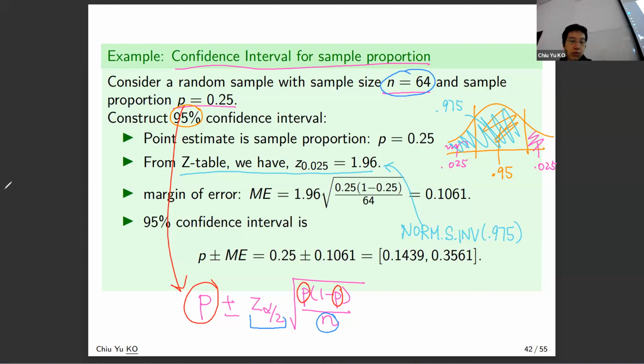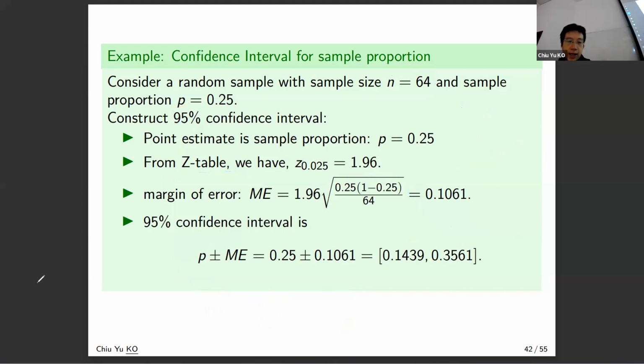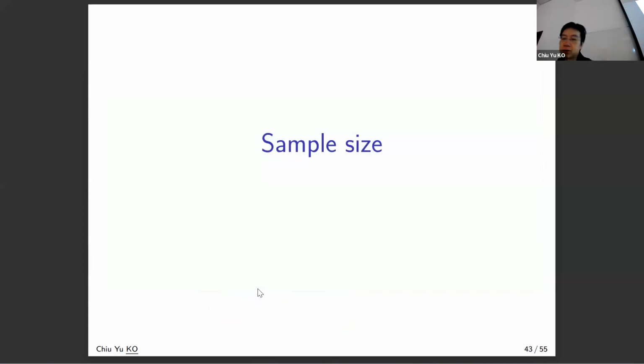So we will end this section by looking at something related to sample size. That actually helps you to do your project if you try to do a survey. For those who haven't thought about your project, you should take some time to do it, because you need to write 1 or 2 pages for your project.